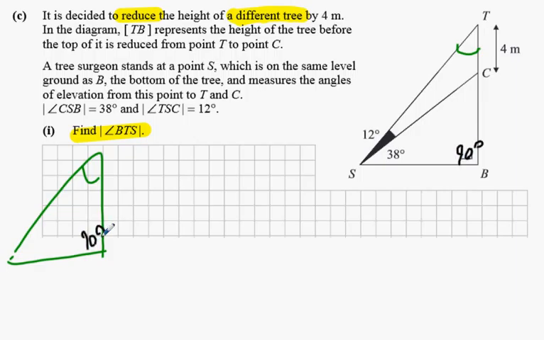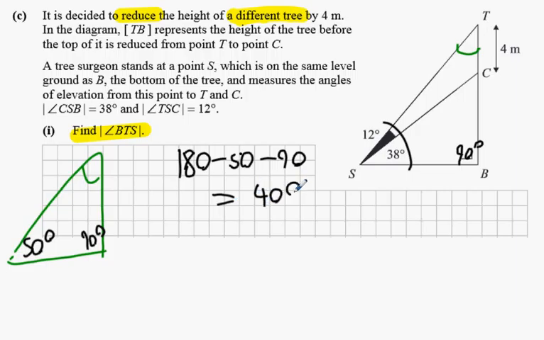We know that the two of them added together gets me, anybody? 50, which means that BTS up the very top must be 40 degrees. 180 minus 50 minus 90 gets me 40 degrees. BTS is 40 degrees.